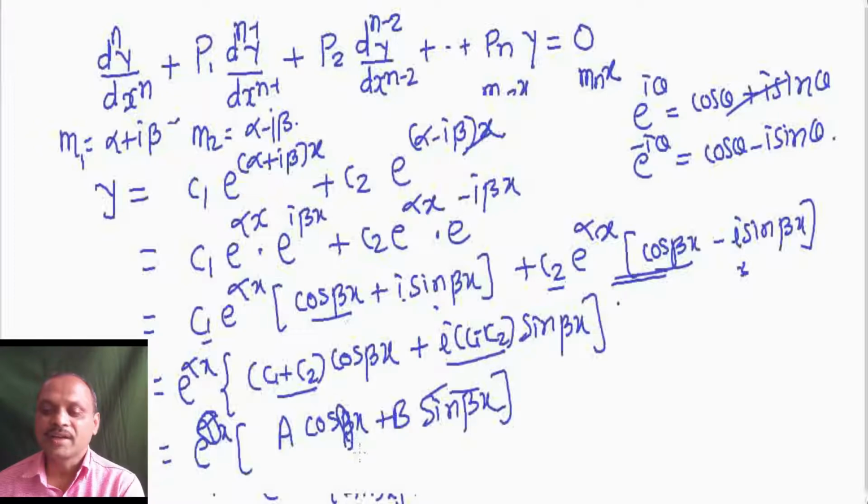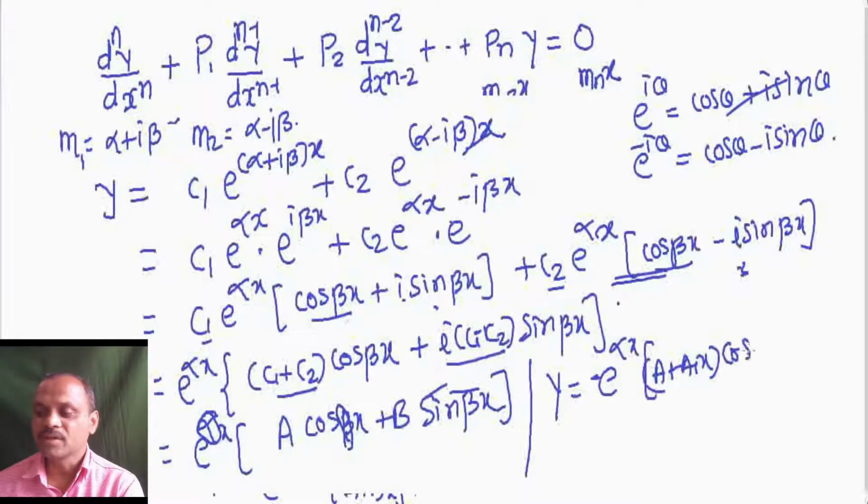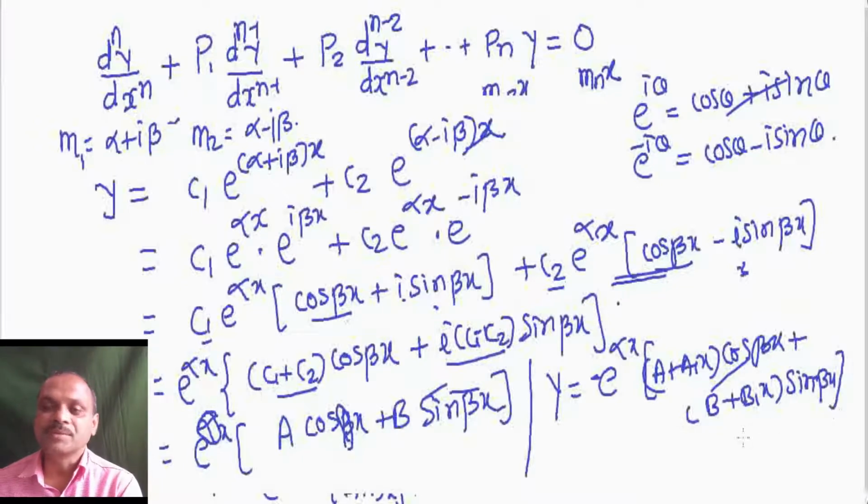And whenever the roots are again repeated, then we have y equal to e^(alpha x) into (a + a1 x) cos of beta x plus (b + b1 x) sine of beta x. So this is the solution of these equations.